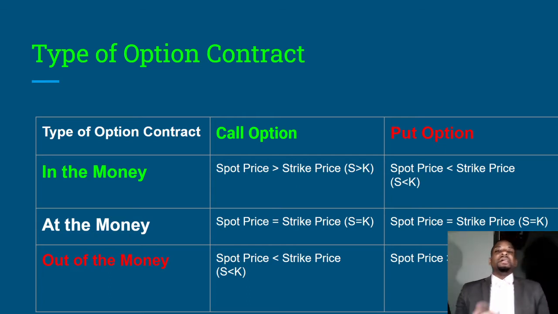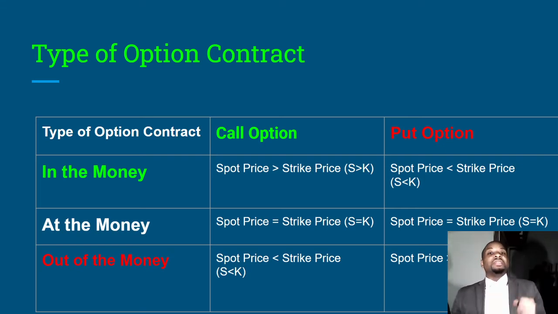Now let's break down the types of option contracts once again. Let's talk about in the money plays. If you're doing an in the money play and it's a call option, that means the spot price is greater than the strike price, meaning the price of the stock is greater than the strike price. And if it's a put, it's actually the opposite.